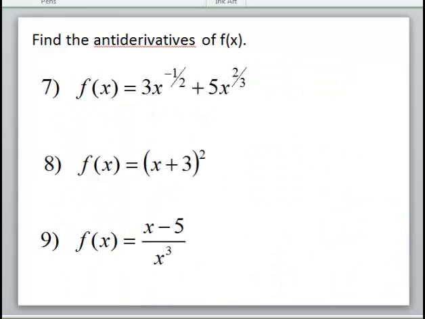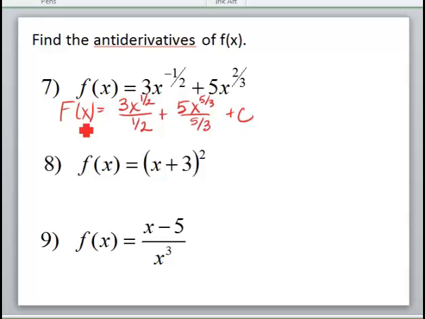Continuing on with more antiderivatives, I'm just giving you lots of different examples. So this one now has some fractions in it. We're still going to use the same rules. So we're going to say 3x, raise the power by 1, gives me 1/2. Put it over that new power. Plus 5x, raise the power by 1, that gives me 5/3. Put it over that new power.